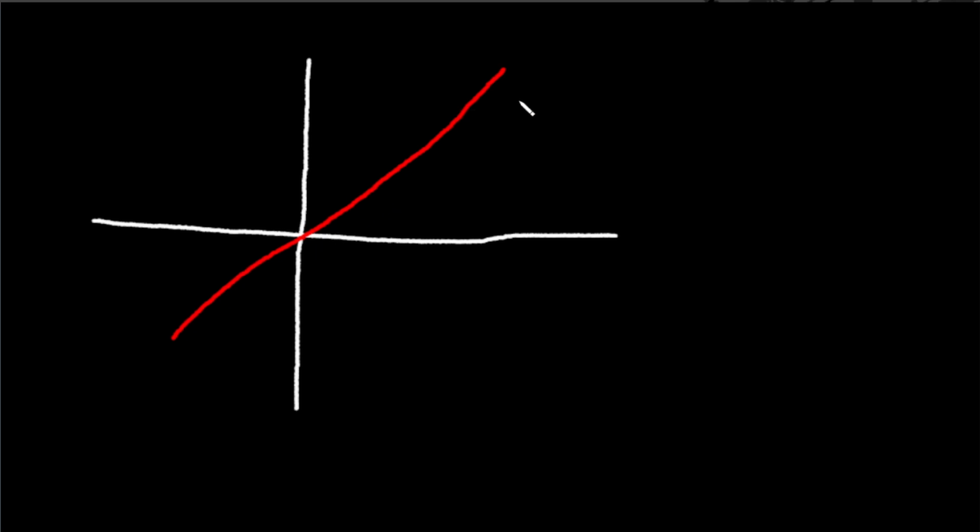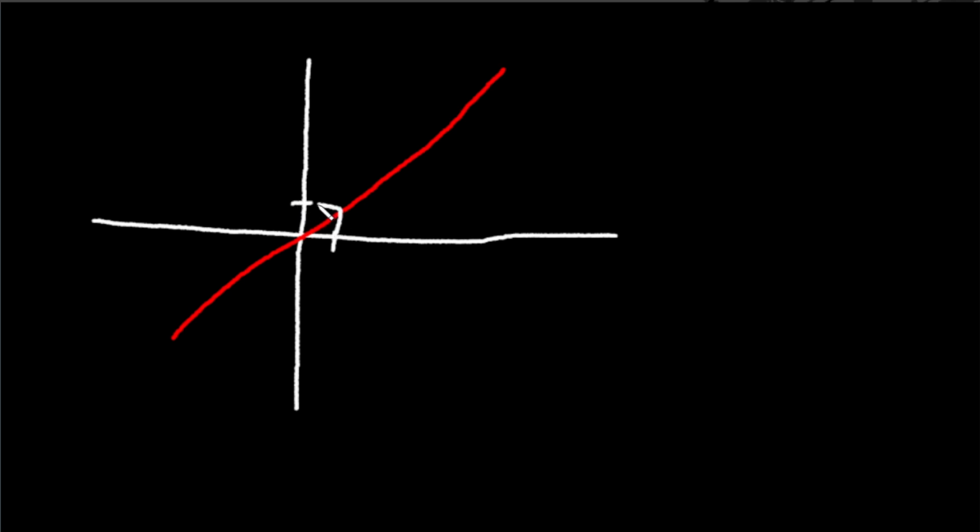And right now the slope of this line is 1, because for every step that the line goes up, the line moves right 1, 2.